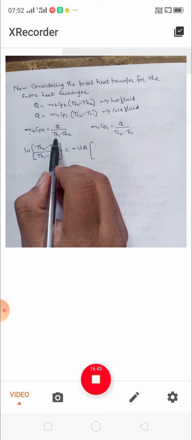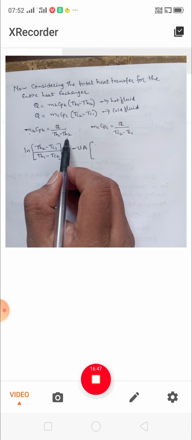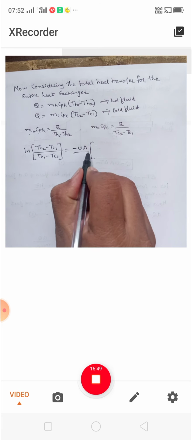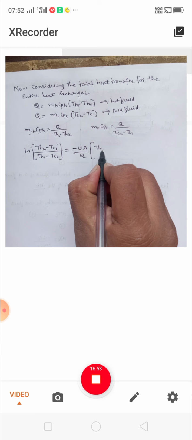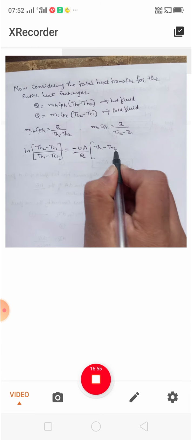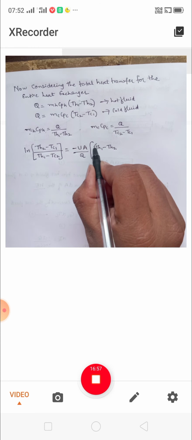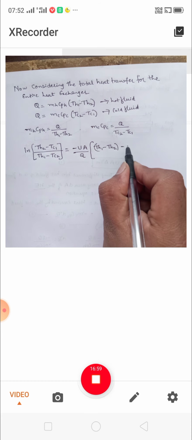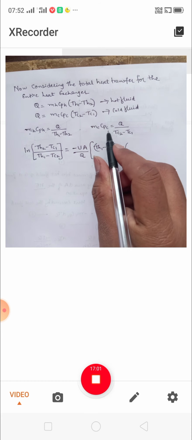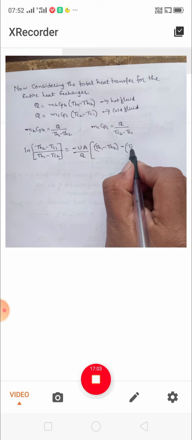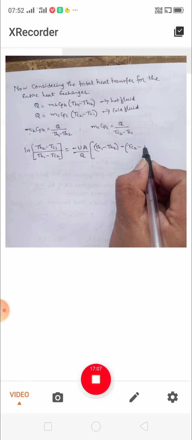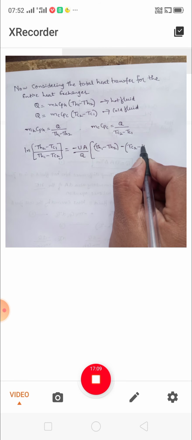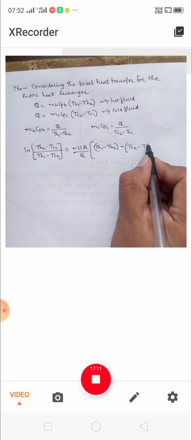So I can write 1 divided by mH into Cph as Th1 minus Th2 divided by Q. For that purpose, I will take Q outside. This will be Th1 minus Th2, minus as it is, Tc2 minus Tc1.